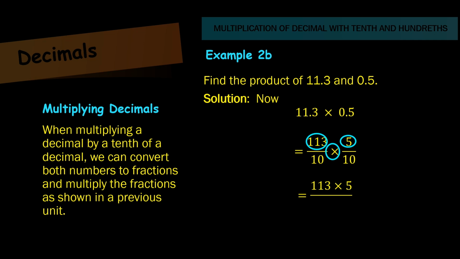Now multiply the numerator by the numerator and multiply the denominator by the denominator to give 565/100, which is equal to 5.65. Since we're dividing by 100, we move the decimal point 2 places to the left.